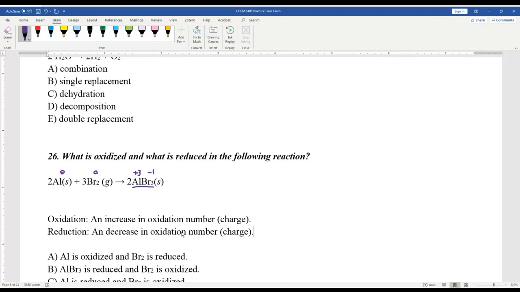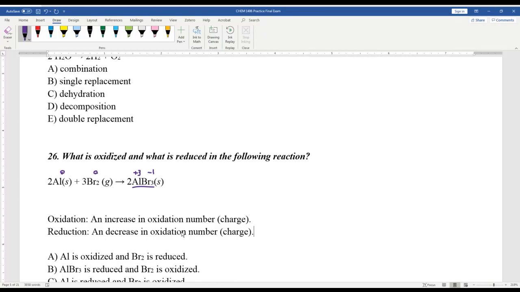Now, you may have heard in class something like oxidation is losing electrons, reduction is gaining electrons. And while that is true, that in reduction you do gain electrons and in oxidation you do lose electrons, the reason why we call it reduction is not because you gain electrons. That doesn't make any sense.